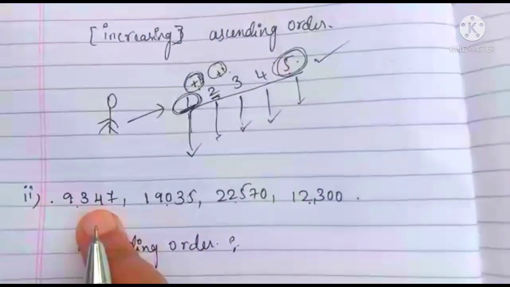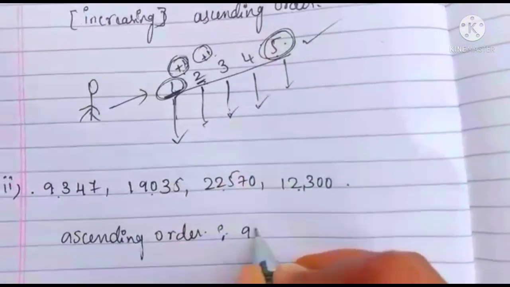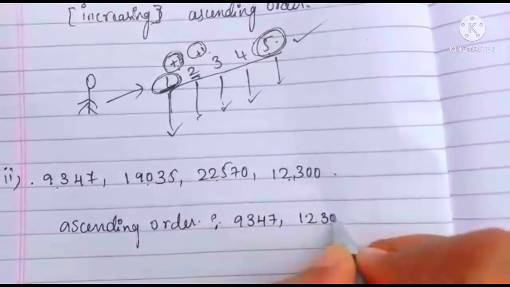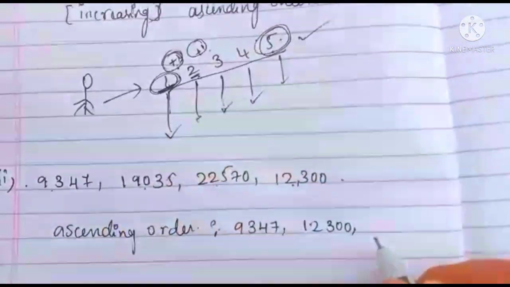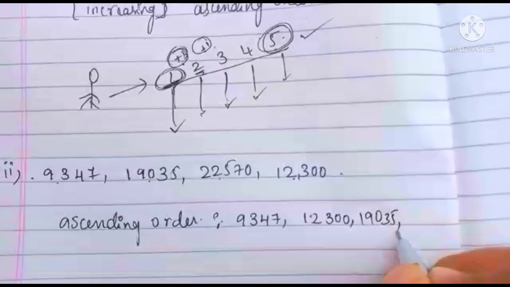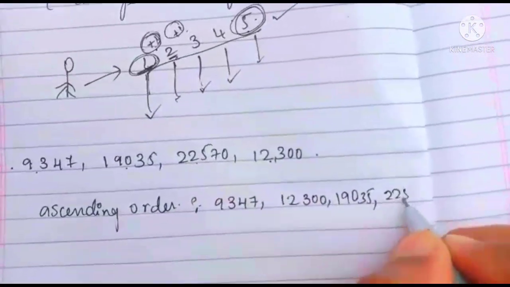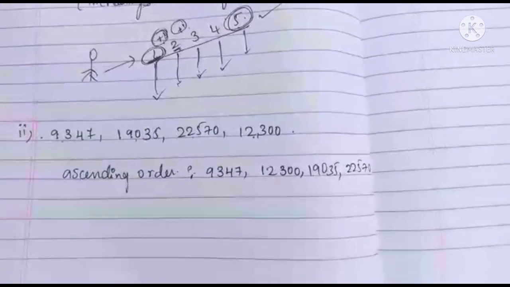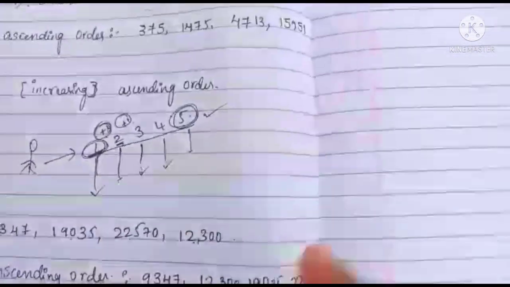Which one is the smallest number here? 9,000. So 9,347, then 12,300, next 19,035, then 22,570. You know that now. Smallest number to largest number.